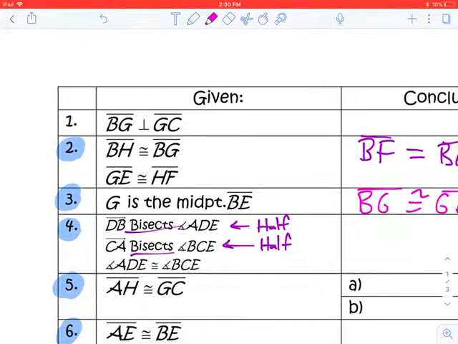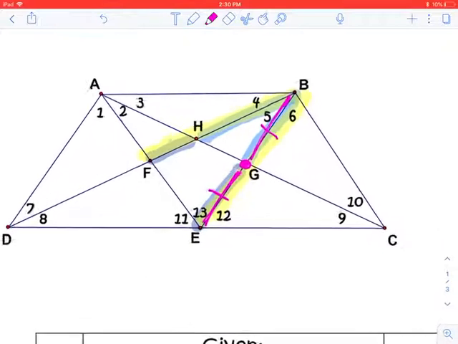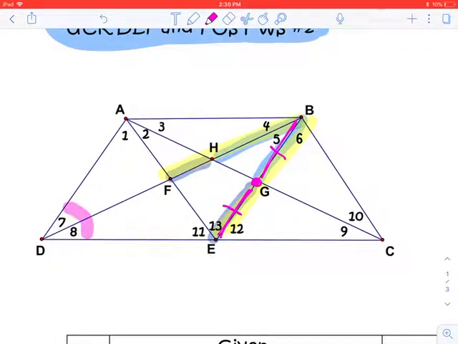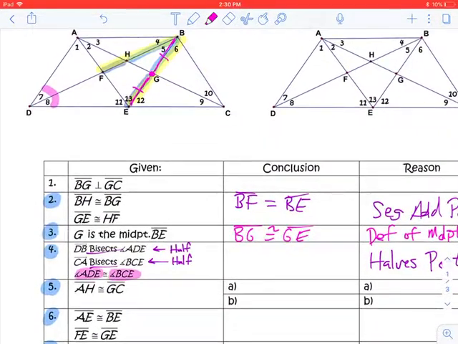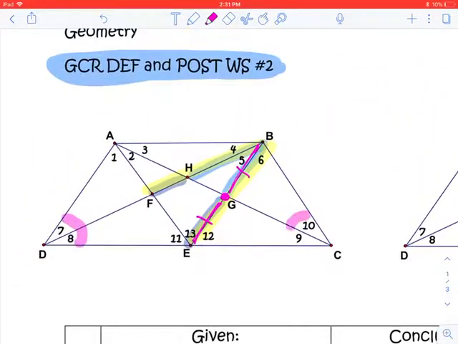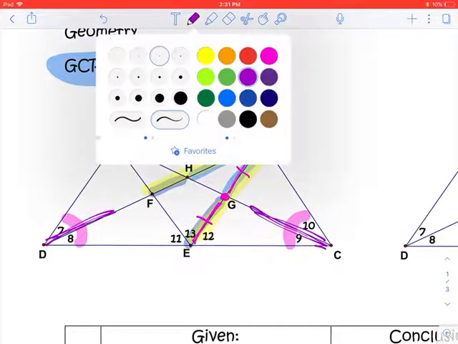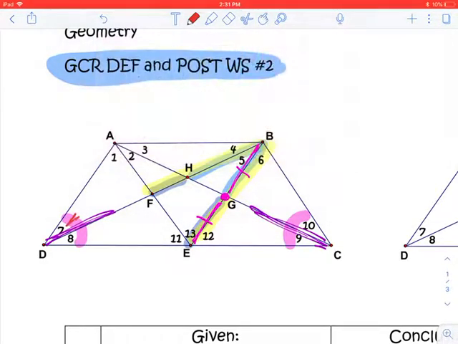In this case, it's ADE and BCE. Let's find those. ADE is all that, and then BCE is all of that. So I've got those two angles congruent, and since they're bisected, they're cut in half, then I have two parts that are congruent now. On this one, I have 7 and 8. On this one, I have 9 and 10.